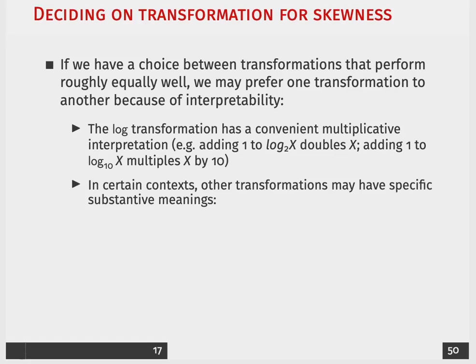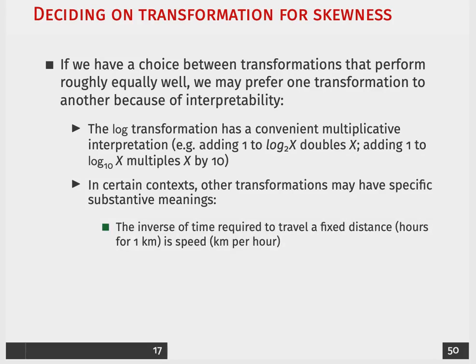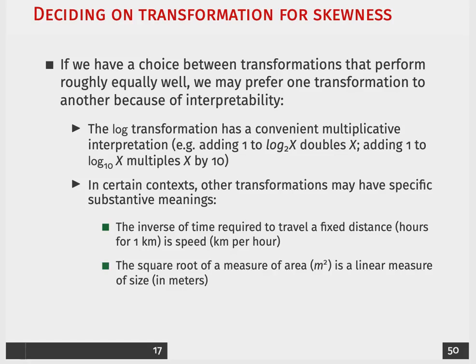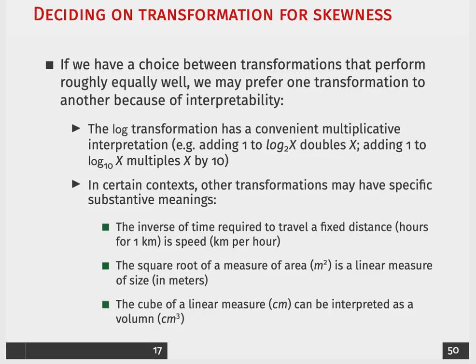And in certain contexts, other transformations have specific substantive meanings. In physics, the inverse of time required to travel a fixed distance is speed, and the square root of a measure of area, like meters squared, is a linear measure of size. If we're interested in volume, a cube of a linear measure is volume.